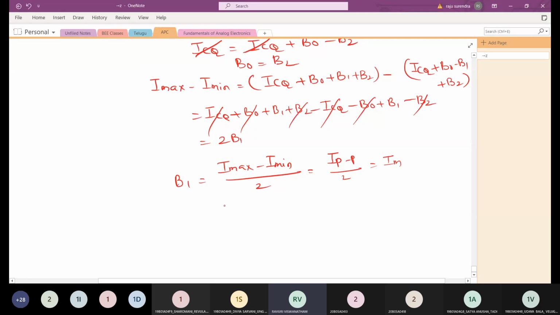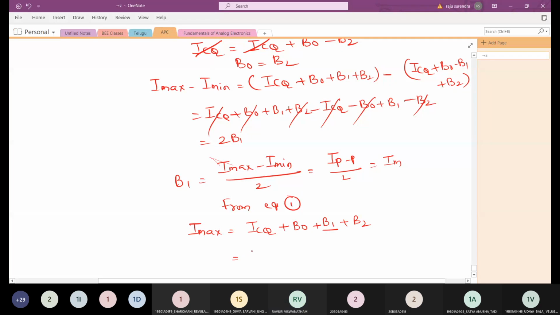From equation number 1, I maximum is equal to ICQ plus B0 plus B1 plus B2. B1 we have calculated, so we substitute in terms of I max minus I minimum.